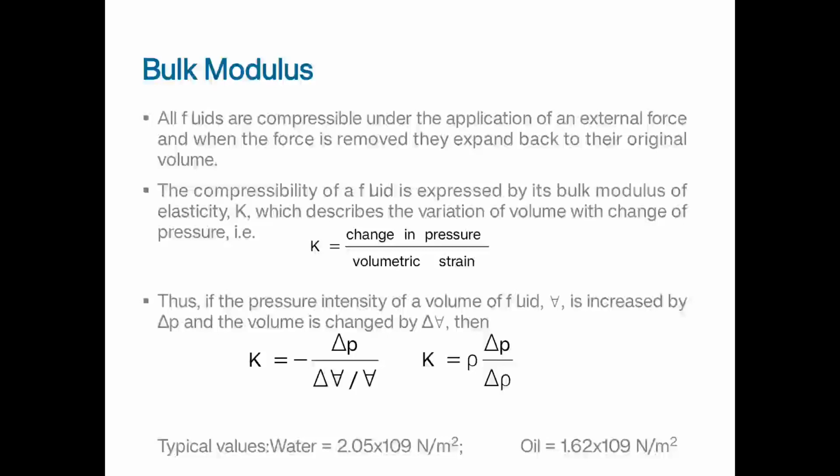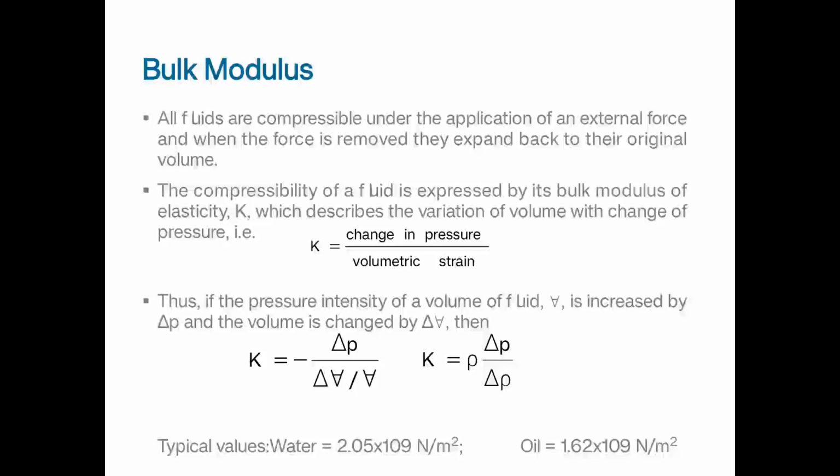The bulk modulus is another measurable and important property of any fluid because it accounts for the nature of the compressibility, because all fluids are compressible under the application of external force, and when the force is removed they expand back to their original volume.